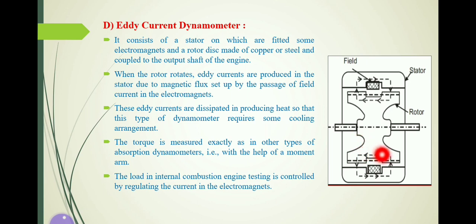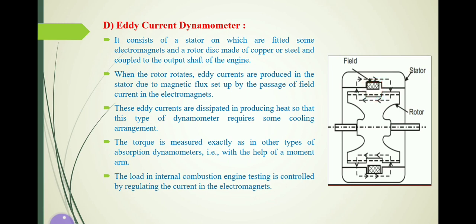This is the rotor which rotates with this shaft. Along with this, a stator is available surrounding this rotor, but the stator is again not in direct contact with the rotor. Along with this, one magnet is available which is placed in the stator. That means in the gap between the rotor and stator, that magnet is placed.